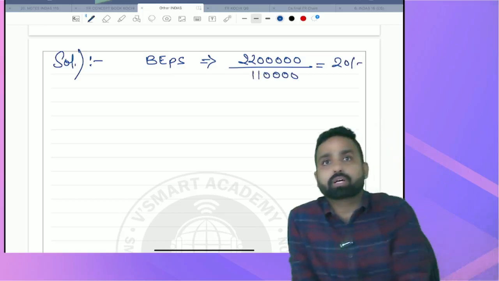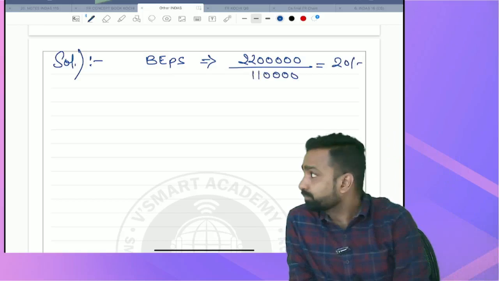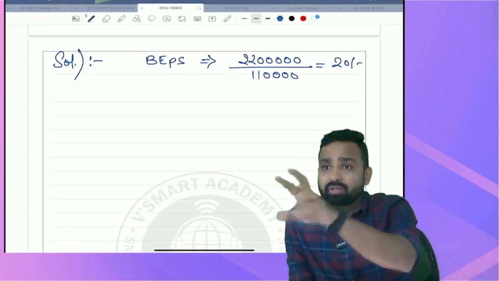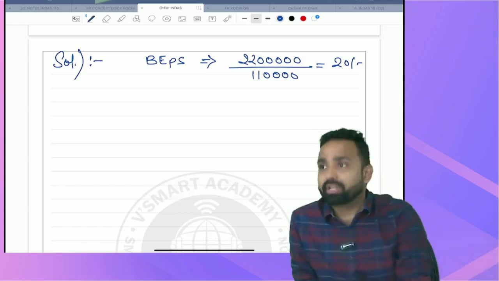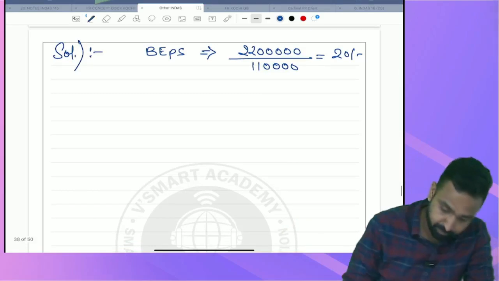Now look into the entire process of how to calculate diluted earning per share. It's quite important. There are multiple types of securities. Let's discuss them one by one.